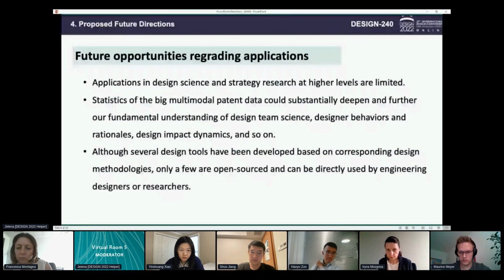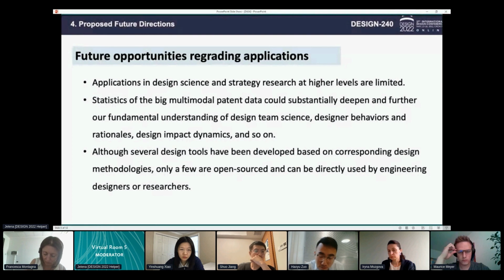Last, for application, studies in design science and strategy research at higher levels are limited. Statistics of the big multimodal patent data can substantially deepen and further our fundamental understanding of design team science, designer behaviors, and regions, design impact dynamics, and so on.